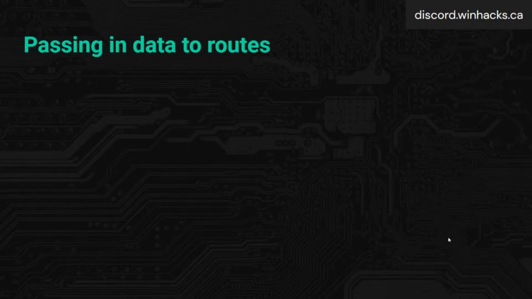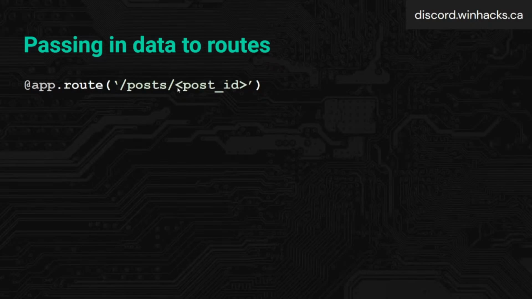But moving on, so if you want to pass in data to routes, something like a specific ID for a shopping cart item, right? Which is kind of related to what we're going to be making today. So let's say you're doing some sort of blog and you're trying to see a specific post, right?